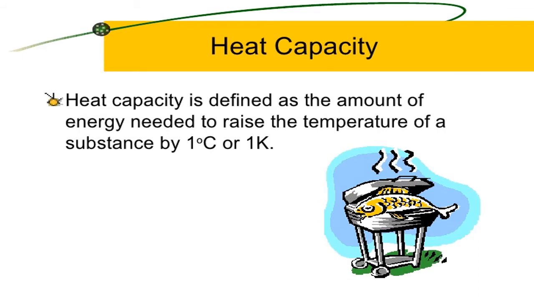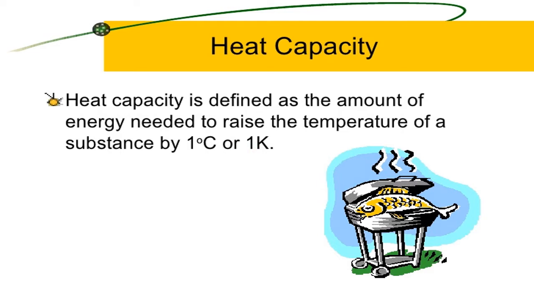Now, first we will define what is heat capacity. Already I gave the introduction. Now let us define it. Heat capacity is defined as the amount of energy needed to raise the temperature of a substance by 1 degree centigrade or 1 Kelvin.